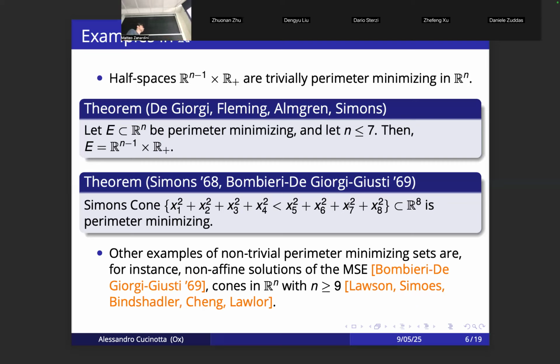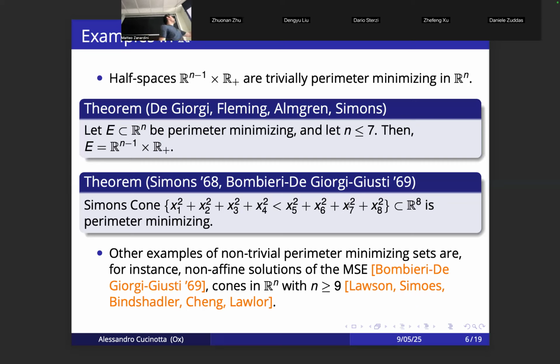These solutions of the minimal surface equation provide examples: if one looks at the epigraph of such a solution, one obtains a set that minimizes the perimeter. These sets can be constructed from R^n onwards, so we need an extra dimension to construct these perimeter minimizing graphs.